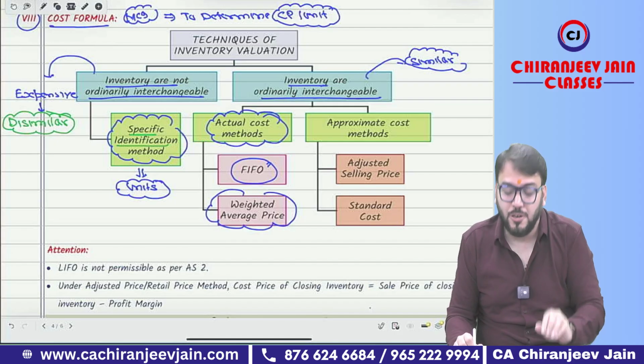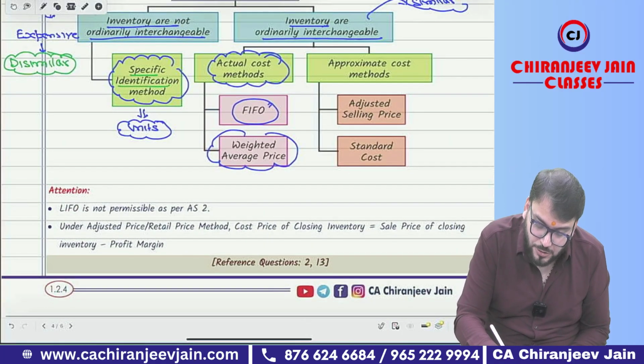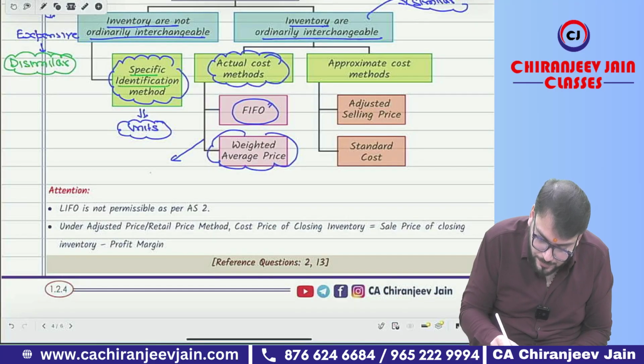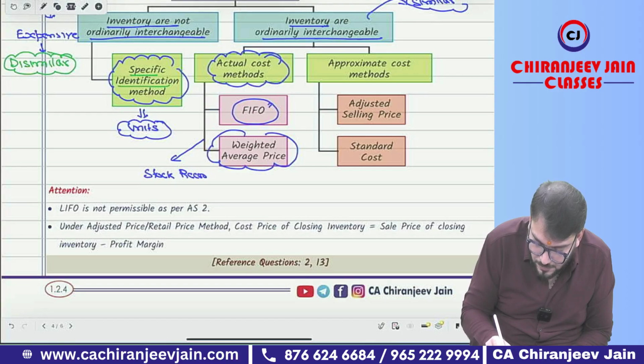Whenever you apply FIFO or weighted average price method, we need to maintain our stock records, meaning we need to have some inventory control system.